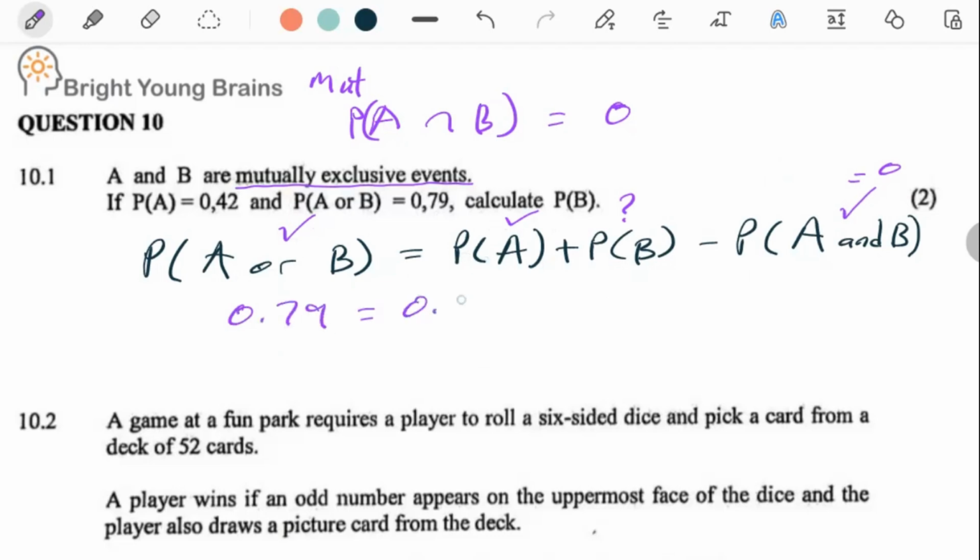Probability of A is 0.42. This is what we're looking for. If we put everything on one side, it's technically going to be 0.79 minus 0.42. This is the probability of B. That's our answer. Nothing more to it.